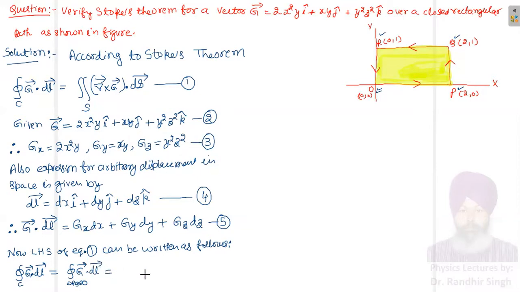Now this closed path is the sum of four open paths. So I can write it as the integration from O to P of g dot dl, plus the integration from P to Q of g dot dl, plus the integration from Q to R of g dot dl, and plus the integration from R to O of g dot dl.